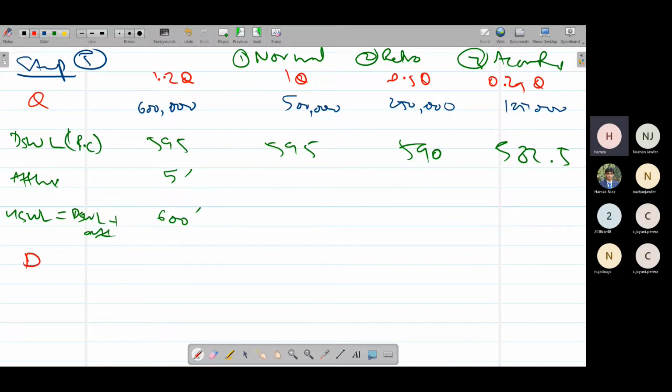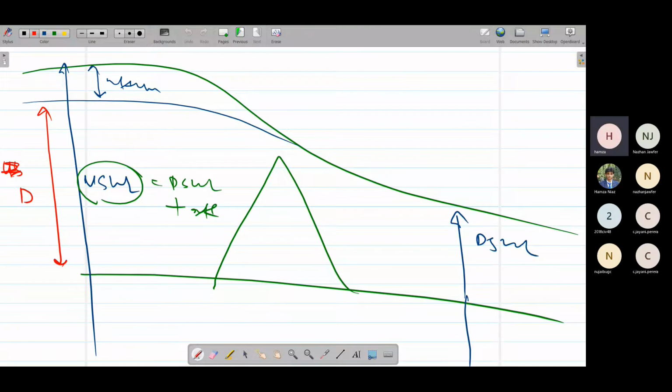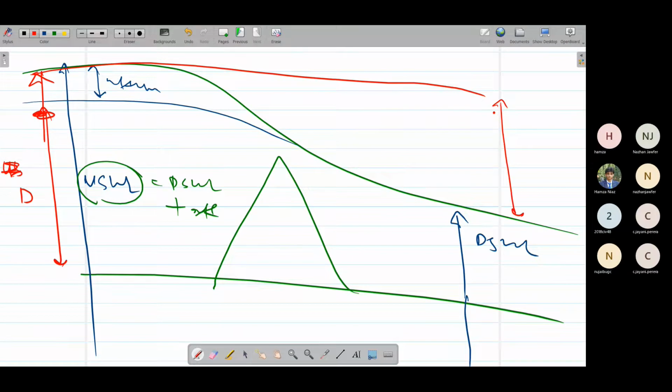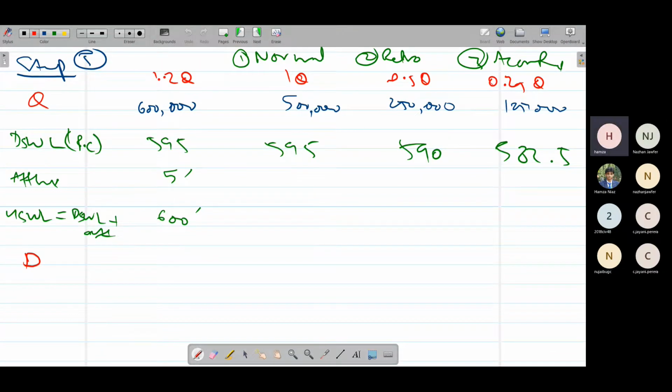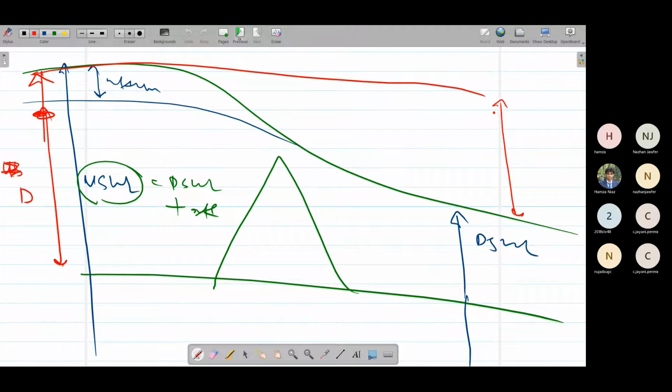Sorry, the upstream depth would be the upstream water level minus this river bed level, RBL. If we subtract the river bed level from the upstream water level, we'll get this red value.